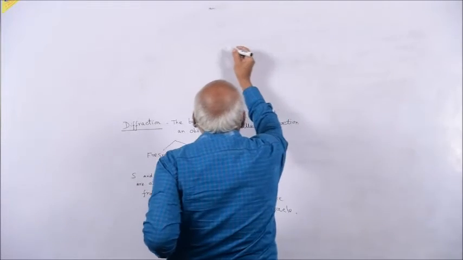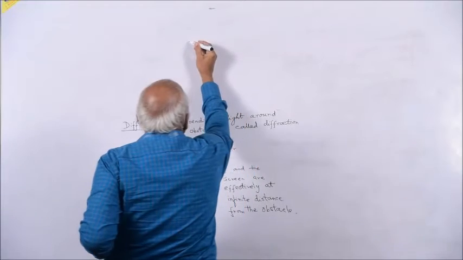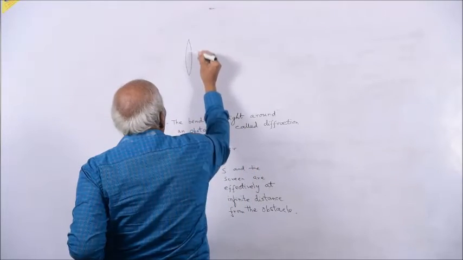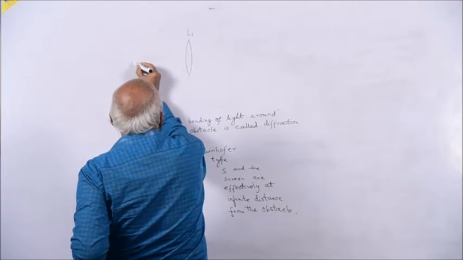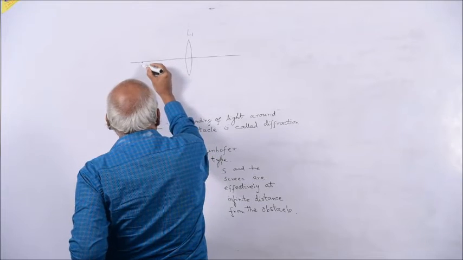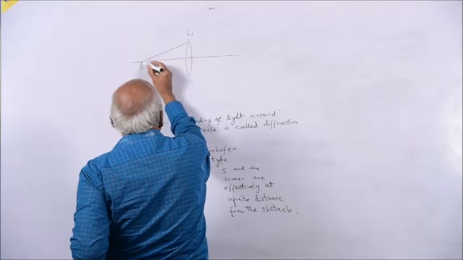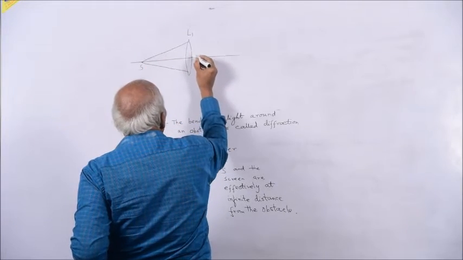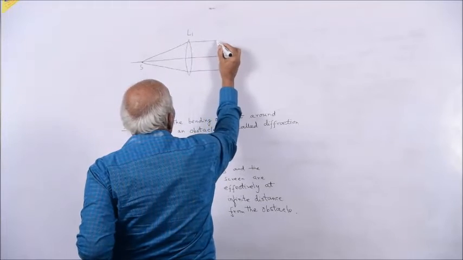By means of a convex lens, say L1, rays are made parallel. These are the rays.